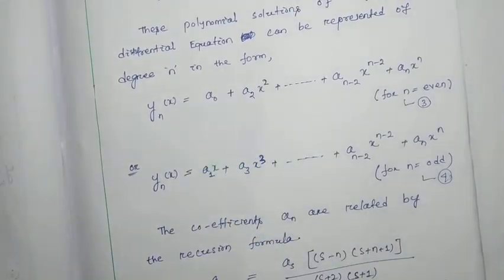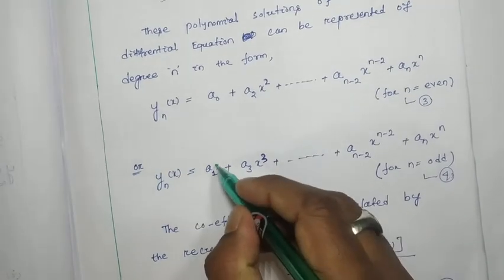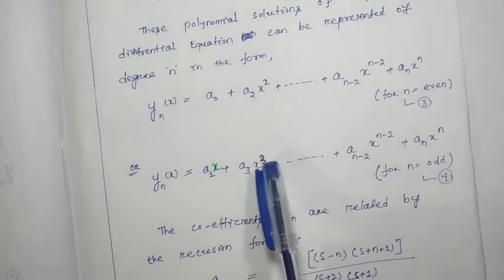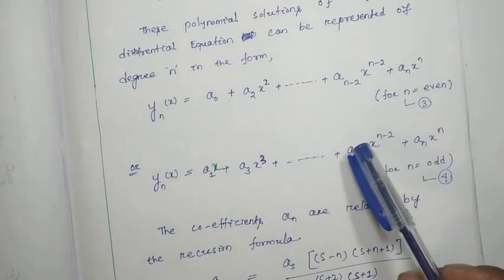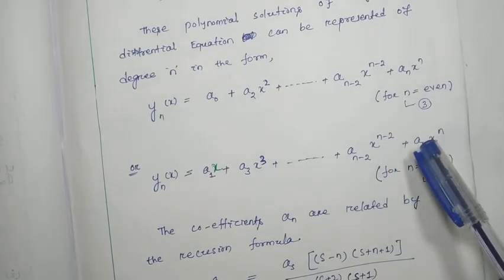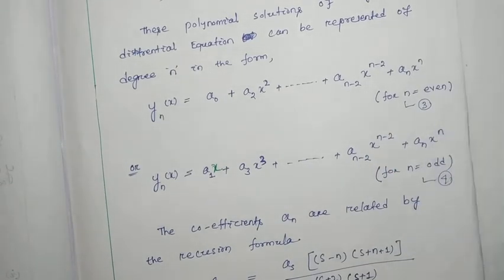So you have to write a1 x plus a3 x cube plus so on, a n minus 2 into x to the power n minus 2 plus a n x to the power n.